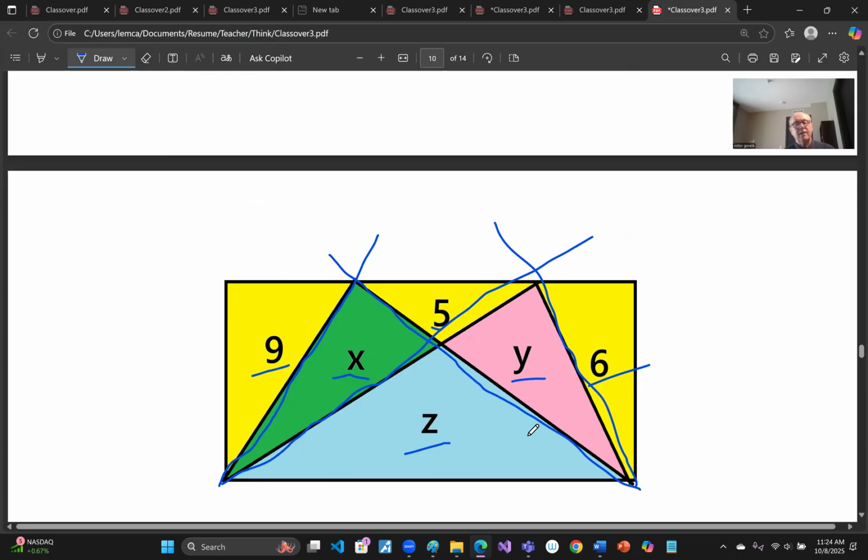And how do we solve? Yes, John, X is equal to Y, of course, because of the trapezoid rule. What else can we use? Oh, the formula for the area of a triangle is base times height over 2. So this green plus yellow triangle is half of the area of the entire rectangle.